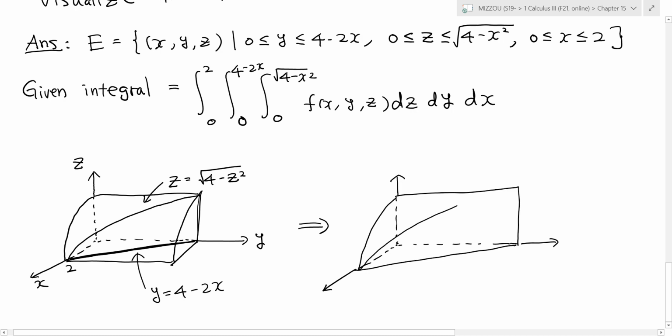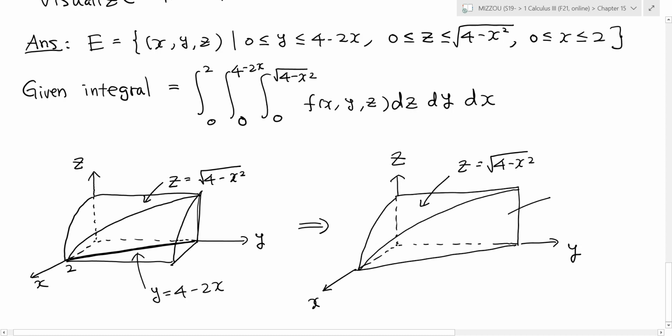And then like this. This is our E. So this top surface here is z equals root 4 minus x squared.